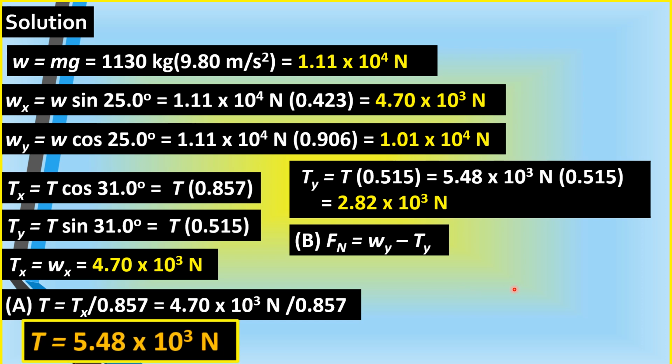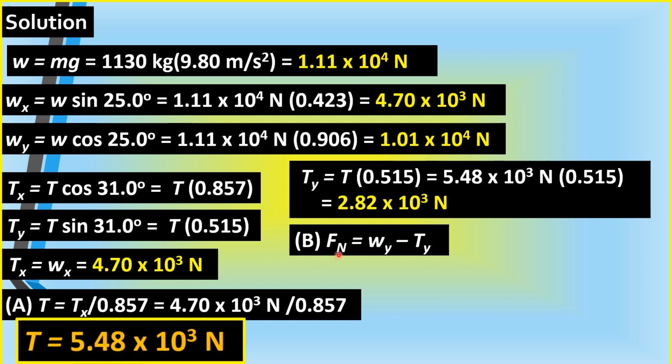And to answer the second question, which is finding the value of the normal force. The normal force is what is meant by question letter B. How hard does the surface exert on the car, referring to the normal force exerted by the ramp on the car, and that is the normal force F sub n.